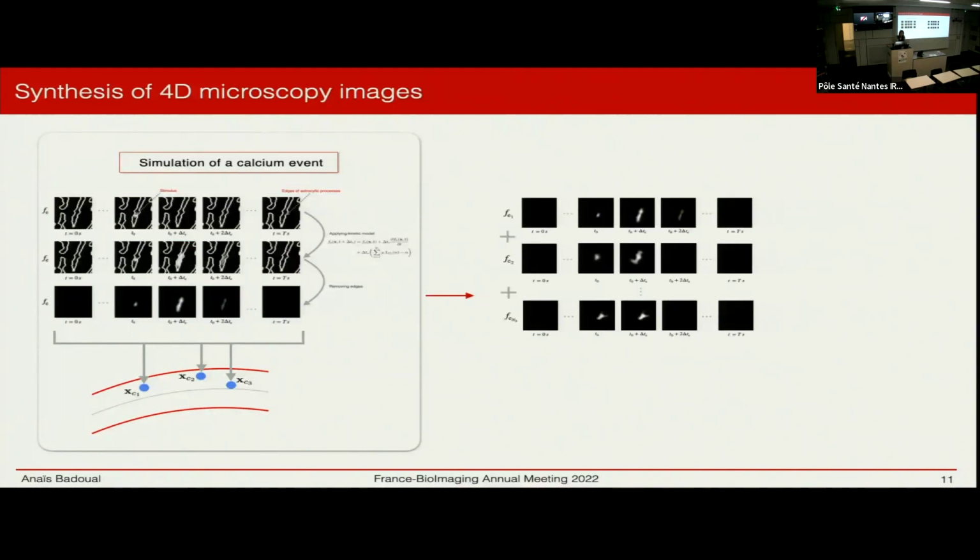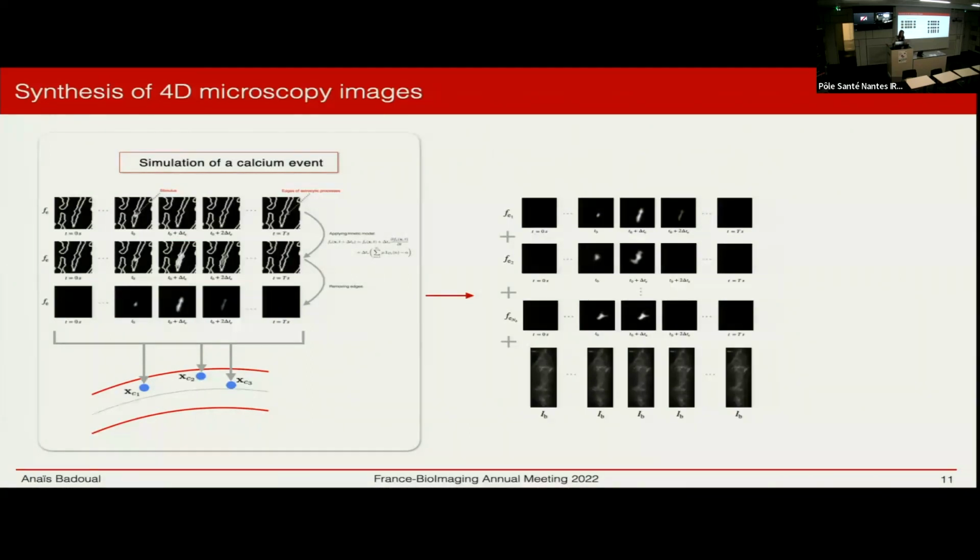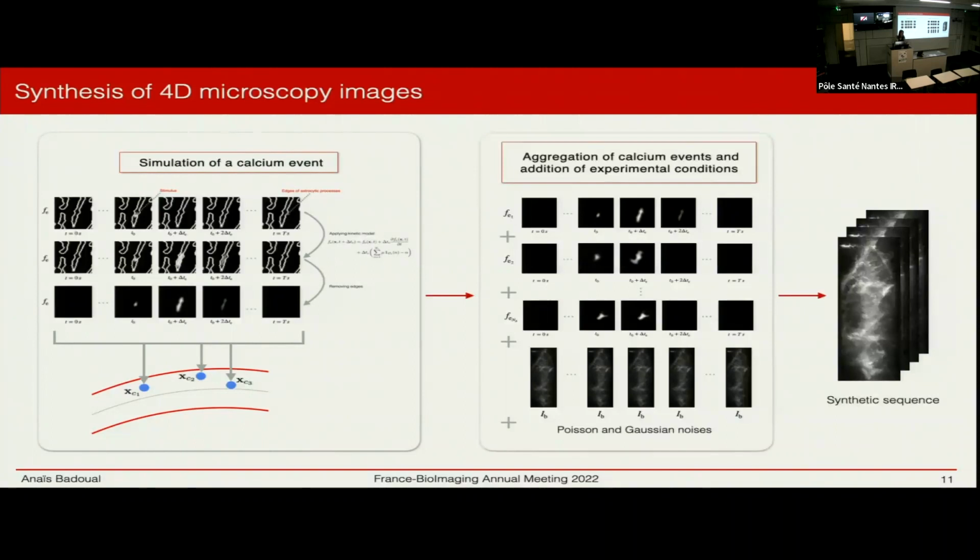We combine them in a single sequence of images. For each frame, we add a realistic background, which actually is a real background extracted from real microscopy images. And at the end, to recreate the experimental conditions, we added a mixture of Poisson and Gaussian noise. And at the end, we obtain our synthetic data.